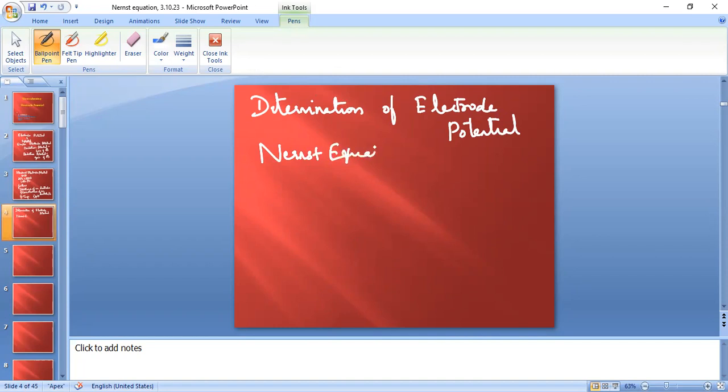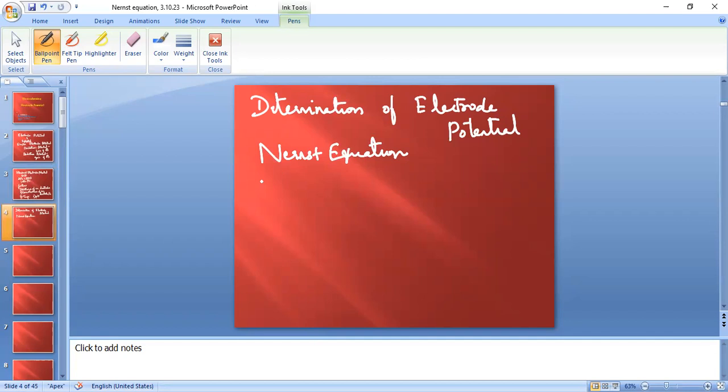All of you in your 12th standard would have seen the Nernst equation, how to derive it, and what its applications are. It's a very important question under part B. Using the Nernst equation, we can find out the electrode potential of the metal. You can construct a cell with the help of the electrode potential, and also estimate the EMF of the cell. Let us begin with the derivation of the Nernst equation.